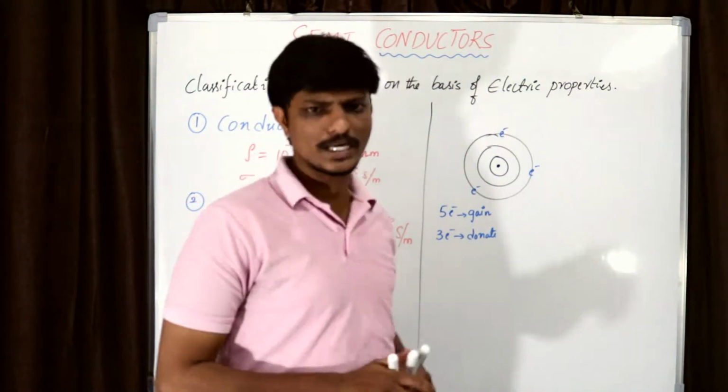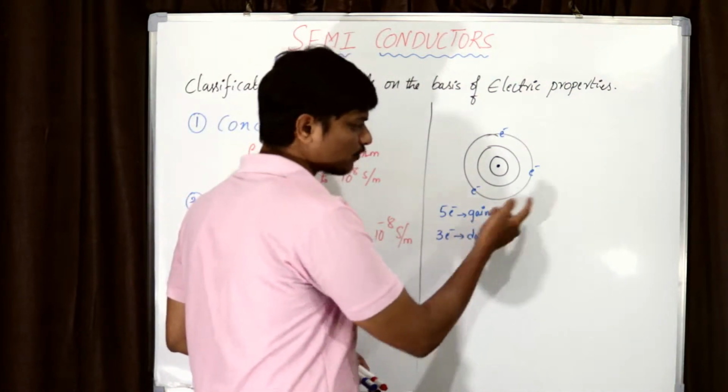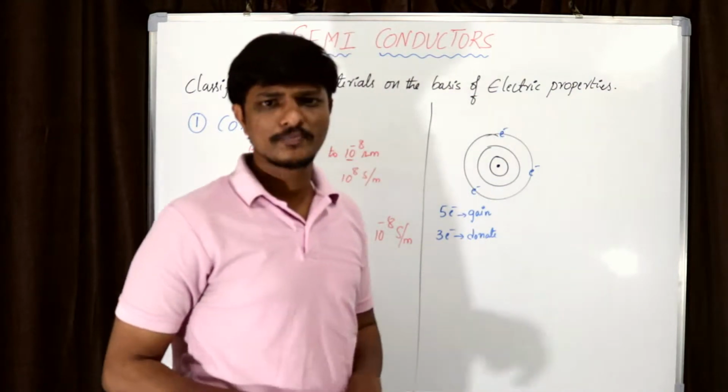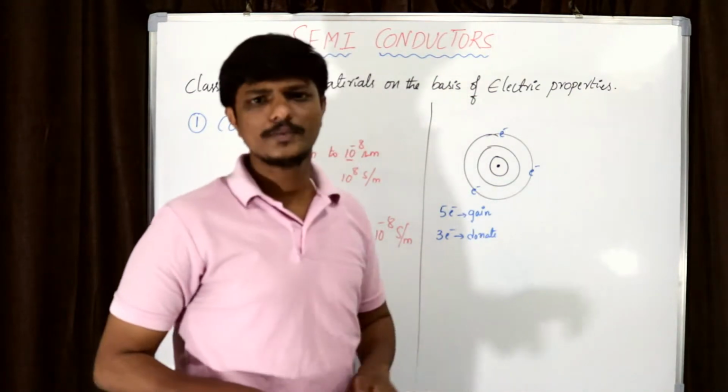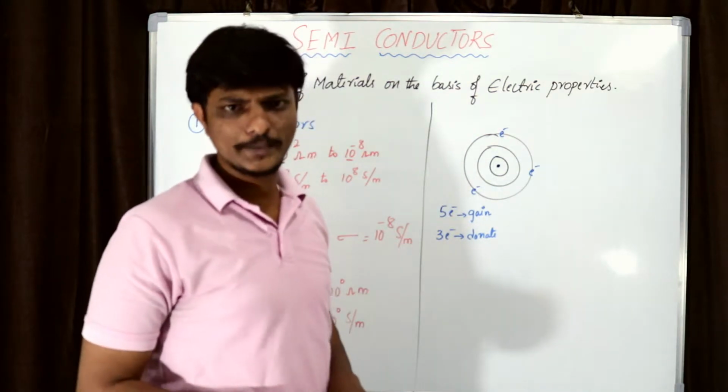By that it will become stable, right? Either it has to gain 5 electrons from the neighbor atoms, or it has to lose 3 electrons to the neighbor atoms. Any one it has to do to become more stable, right?